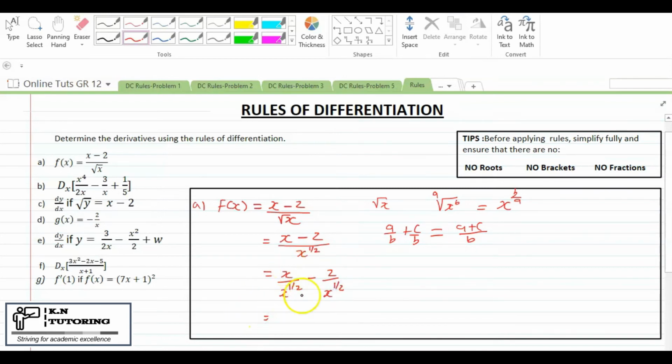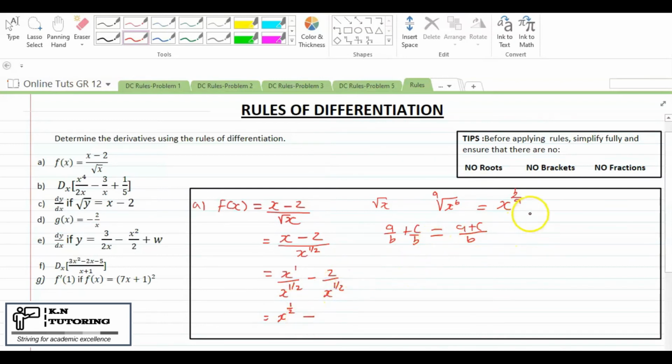Now when dividing powers of the same base, we subtract the exponents. So if I simplify this, x to the 1 minus half, I'm going to get x to the half, 1 over 2, minus.